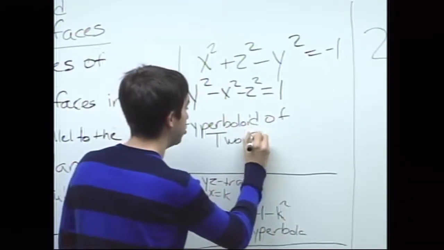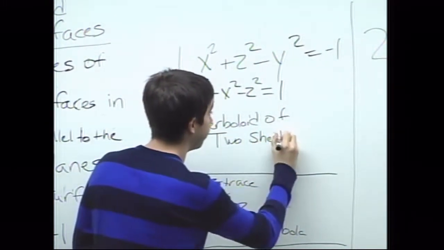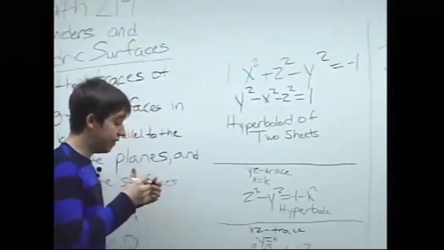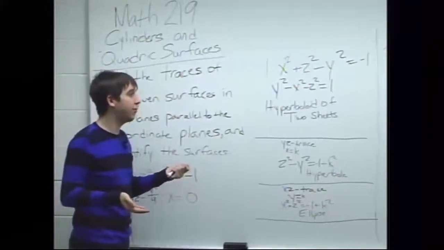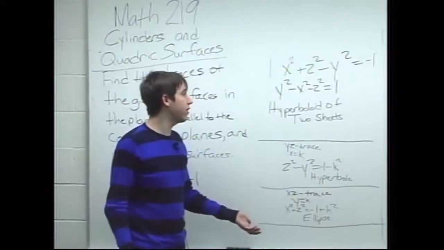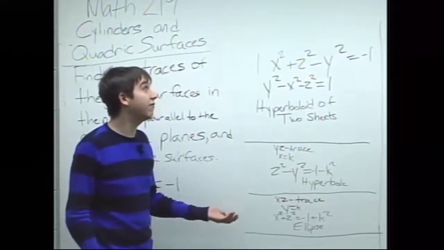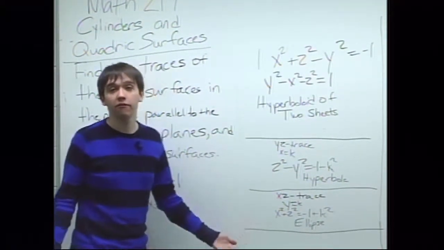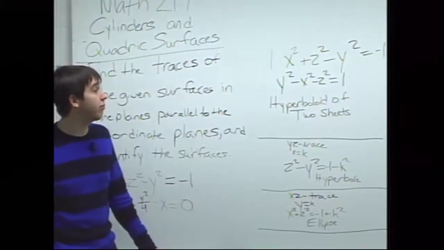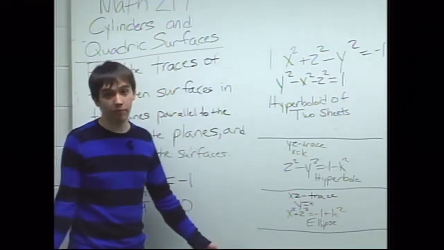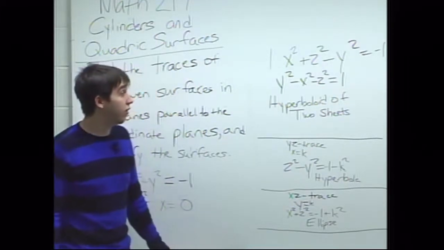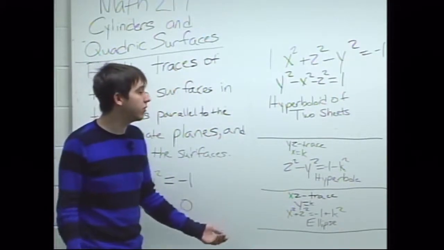An easy way to remember which of the two hyperboloids it is is to take a look at the number of negative coefficients that you have for your variable terms. If one of them is negative, then it's a hyperboloid of one sheet. If two of them are negative, then it's a hyperboloid of two sheets.